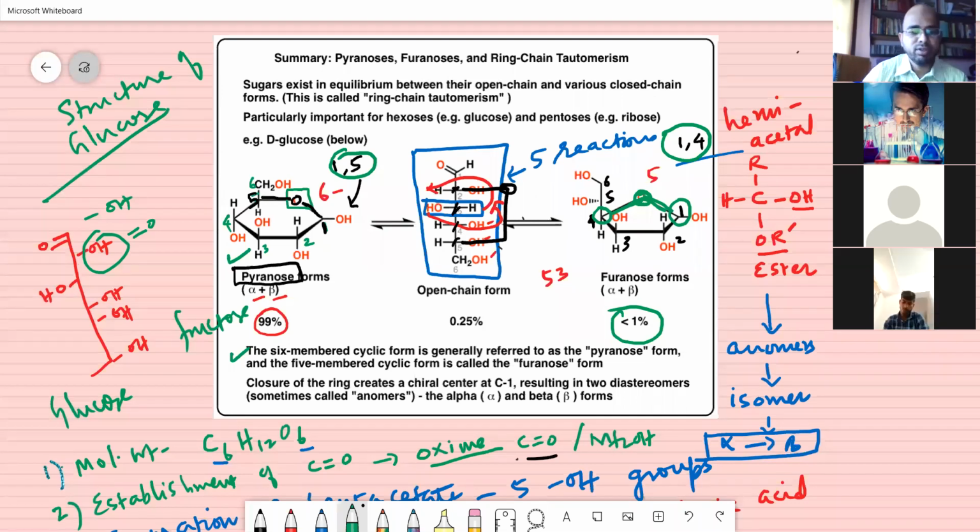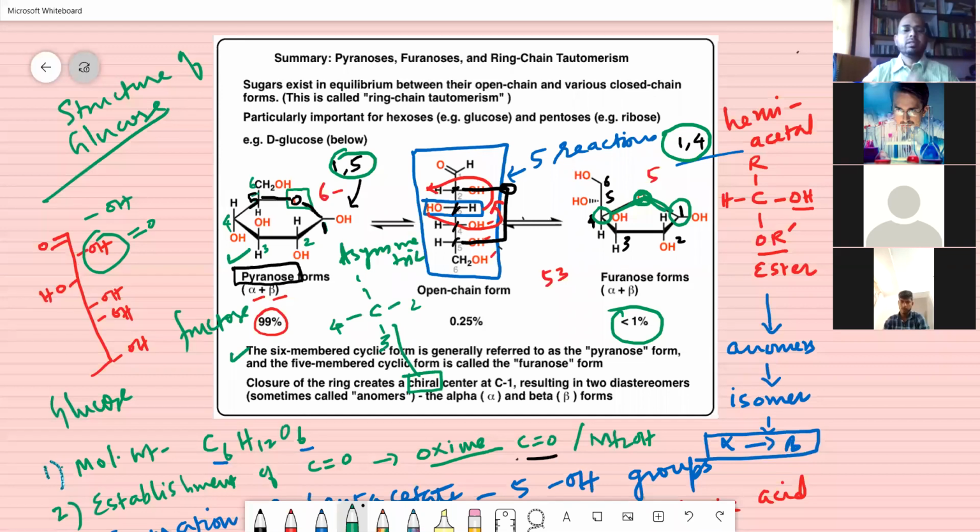Closure of the ring creates a chiral center. What is a chiral center? A chiral center means you have a carbon atom with 4 different groups. 1, 2, 3, and 4. In fact, it is an asymmetric carbon atom. Symmetry means similar, the same.